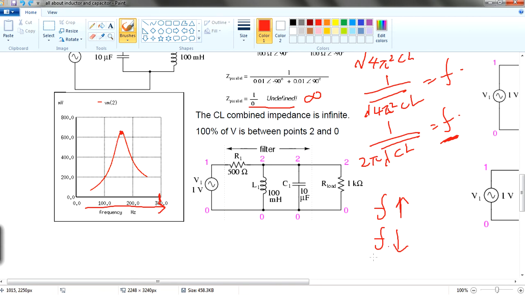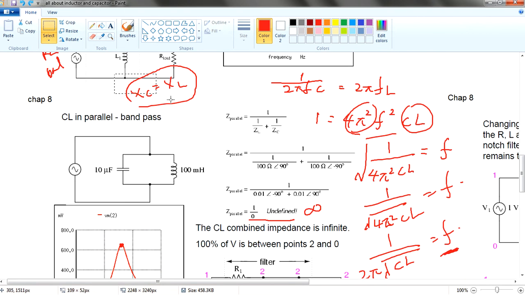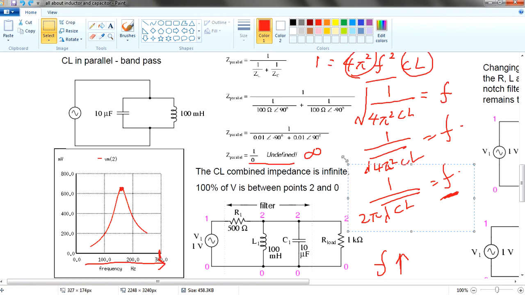And if XC equals XL, they share the same frequency. This is the point where it's the highest voltage. Normally the question will ask you what is the highest voltage of a band pass, so you use this formula over here. How do you derive this? You equate XC equals XL, and then you rearrange, and you get this equation.